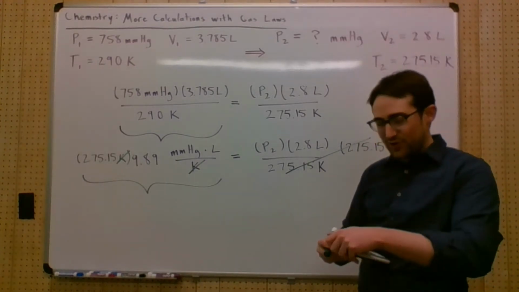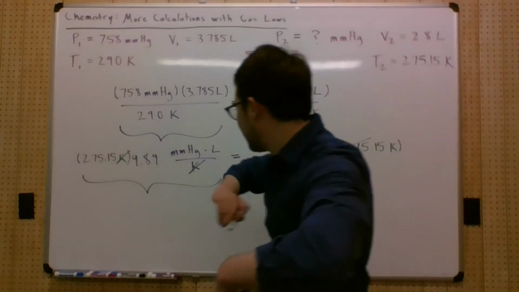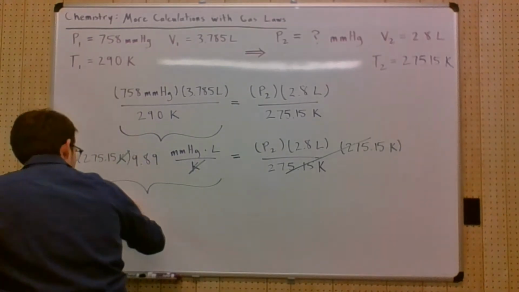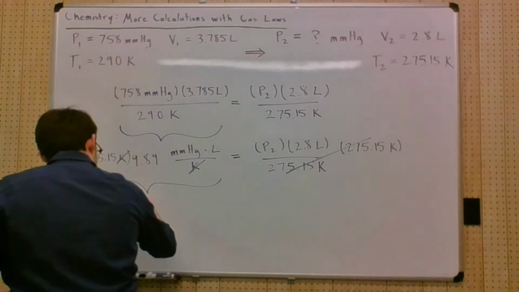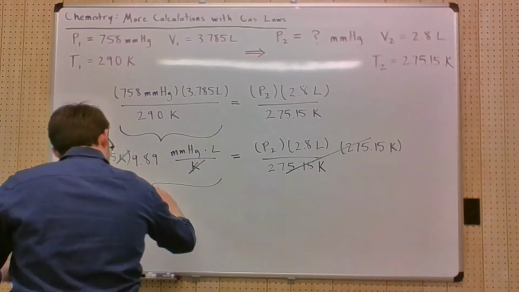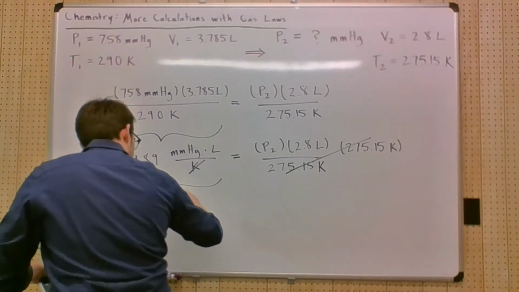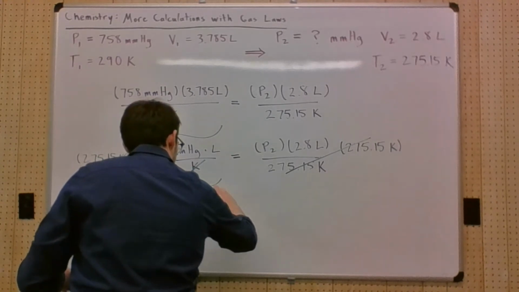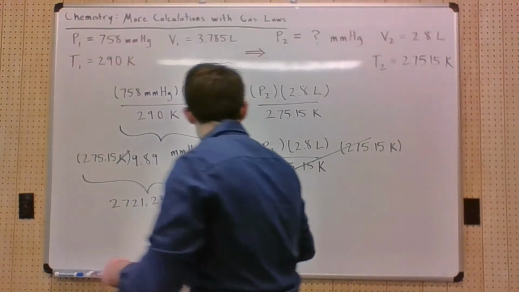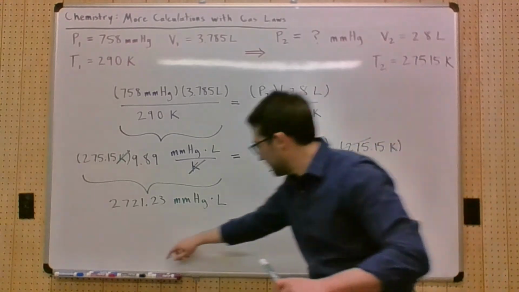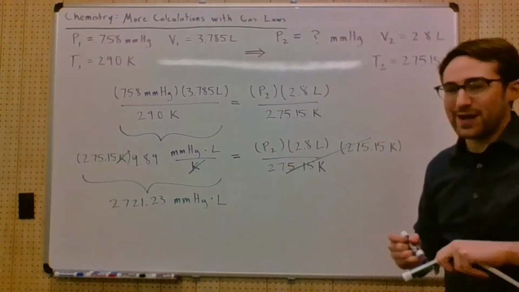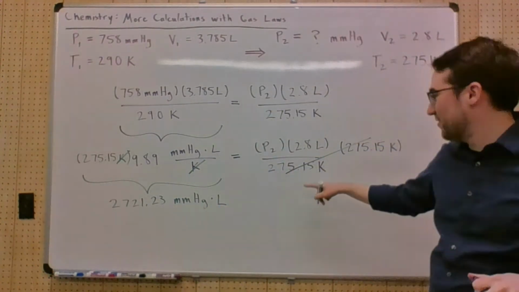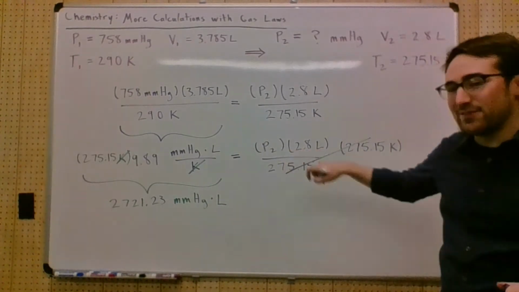2721.23-ish. So about 2,721. All right, so we got a big number on the left. It's going to be equal to still this P2 times 2.8 liters.